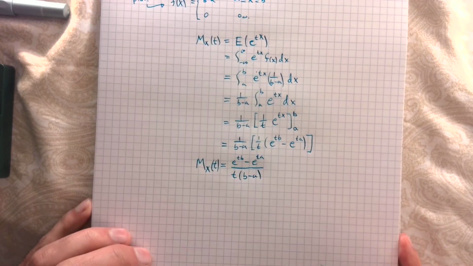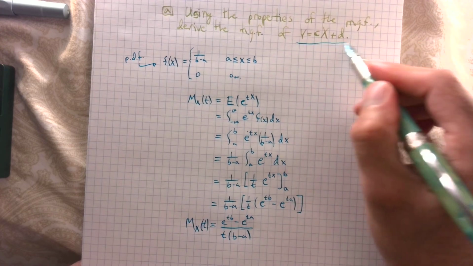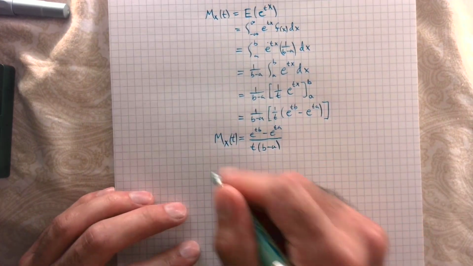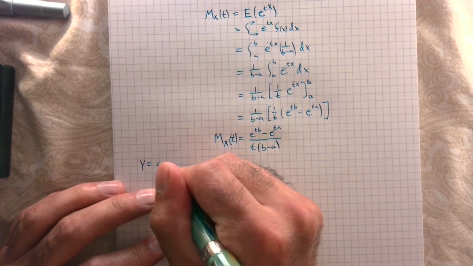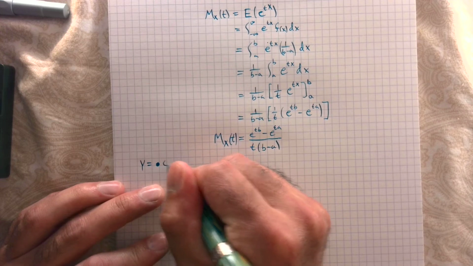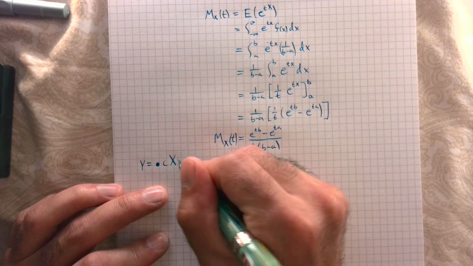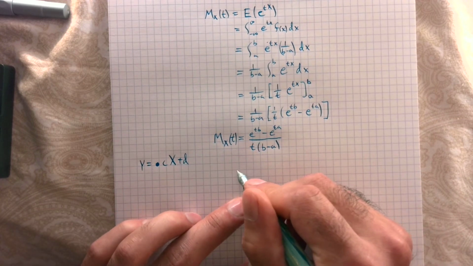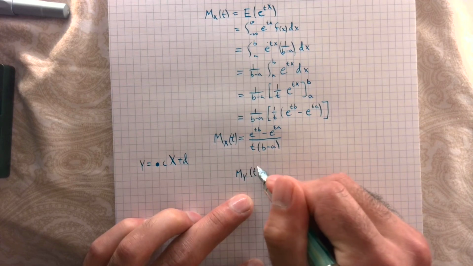So now we want to use the properties to find the moment generating function for this new random variable. So now we're defining a new random variable, y, which is going to equal cx plus d. We want to find this moment generating function of y in terms of t.